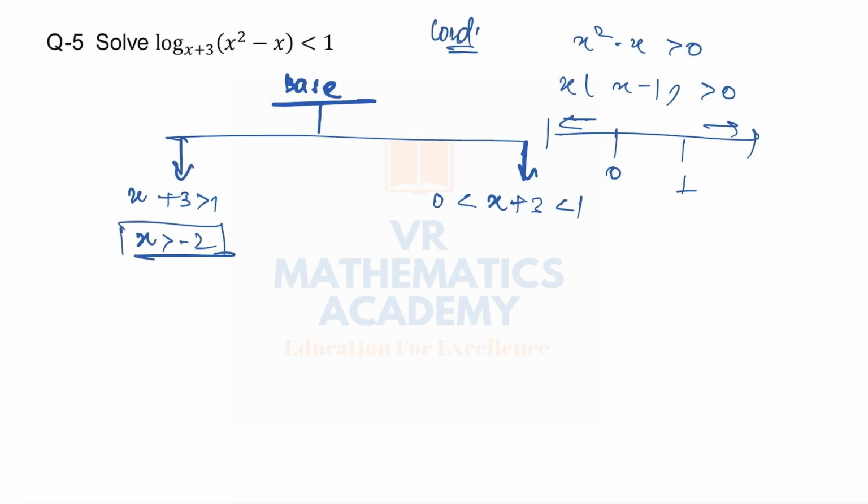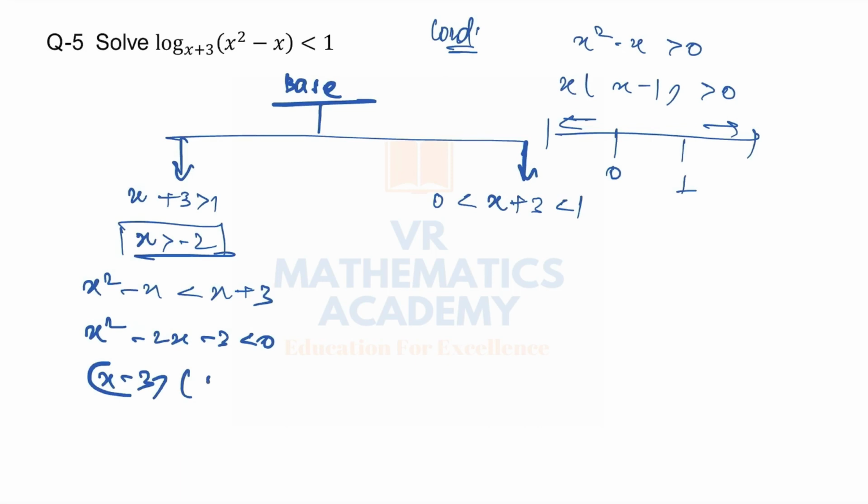Okay, so in the case of base greater than 1, x square minus x will be less than x plus 3, and it will be x square minus 2x minus 3 less than 0. That is (x minus 3)(x plus 1) less than 0.